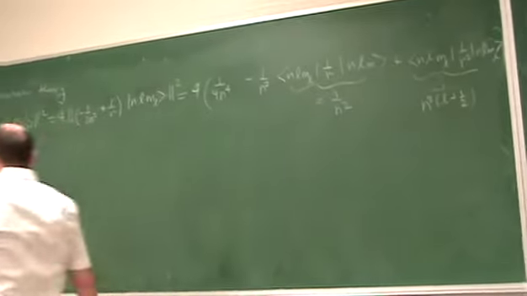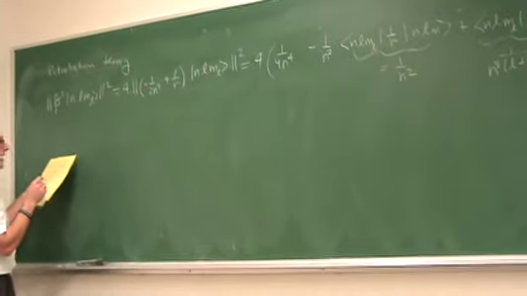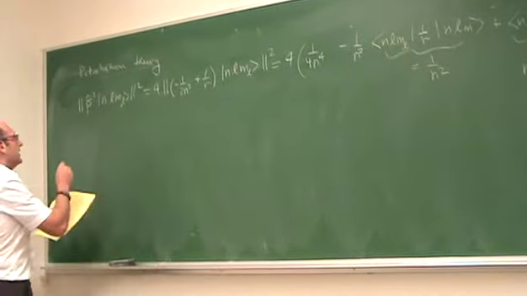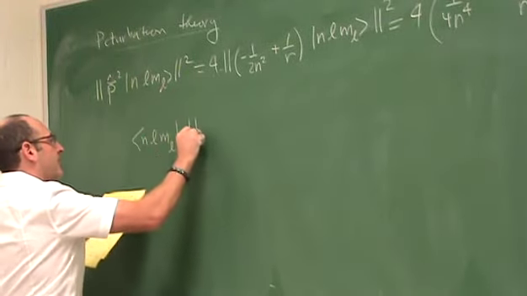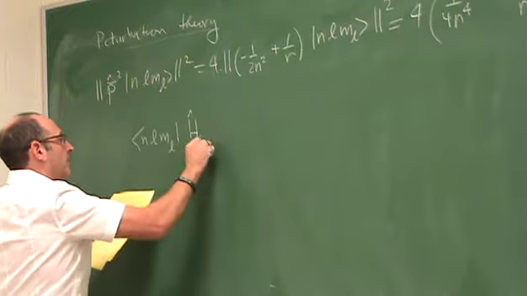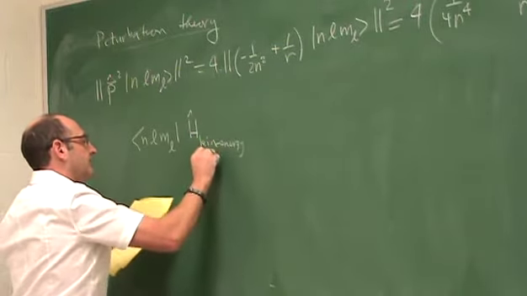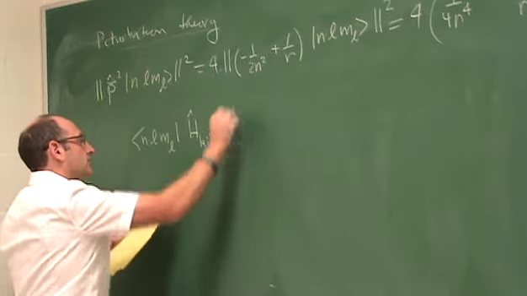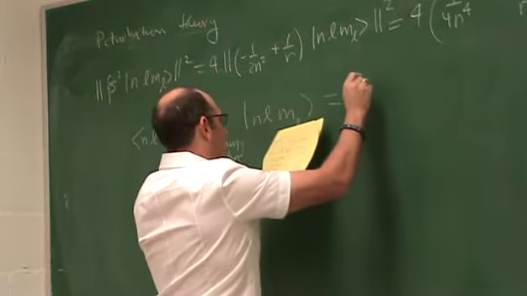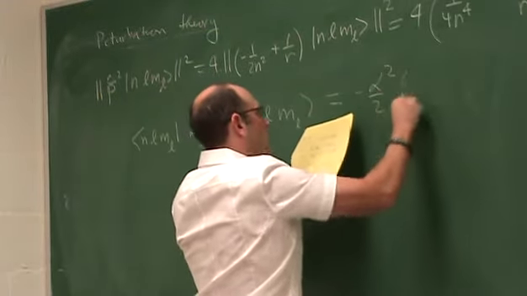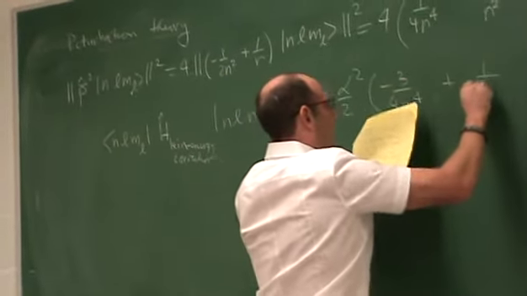So, when we put all of that together, what we find is that the expectation value, the diagonal matrix elements of the kinetic energy correction, is equal to minus alpha squared over 2 times minus 3 over 4 n to the 4th plus 1 over n.